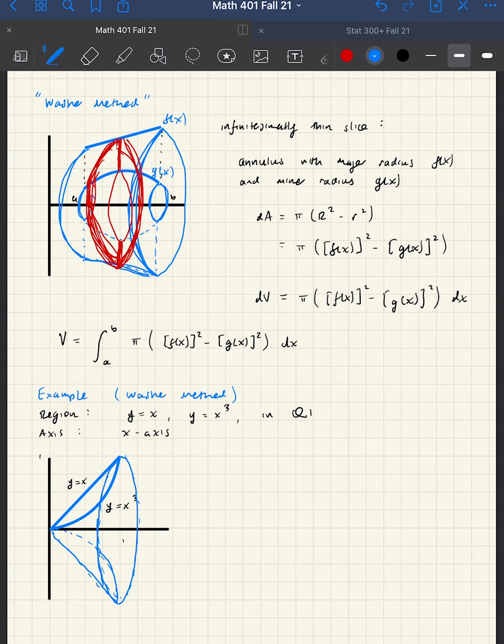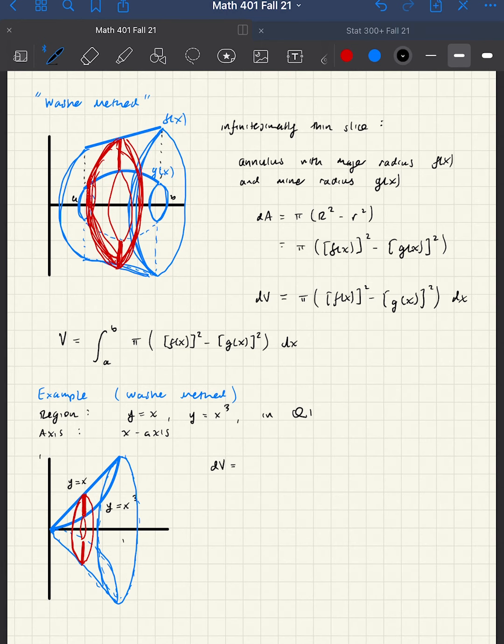It kind of looks like a trumpet a little bit, except there's not really a hole in it. It starts from a point and then opens up like a flower almost. So our annulus here, with our infinitely thin width dx, looks something like this.